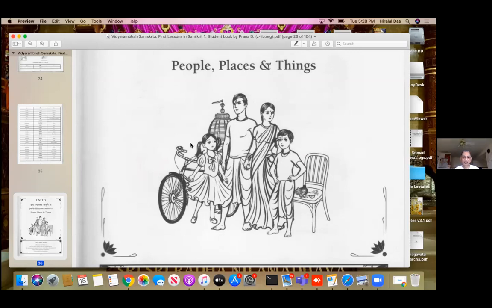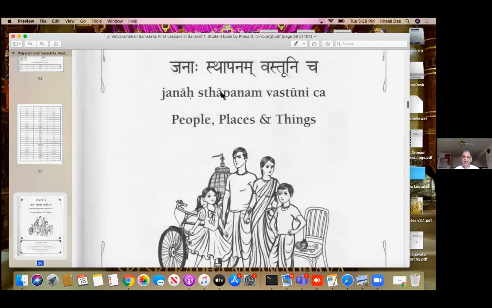We learned all these things, okay? And we are reviewing today. And this mandiram is called temple, okay? So people, places and things means janaha, sthapanam, vastuni, cha. Cha means and. All right.